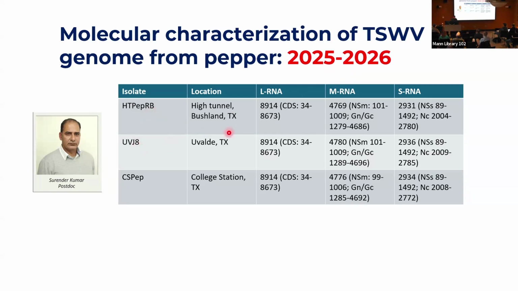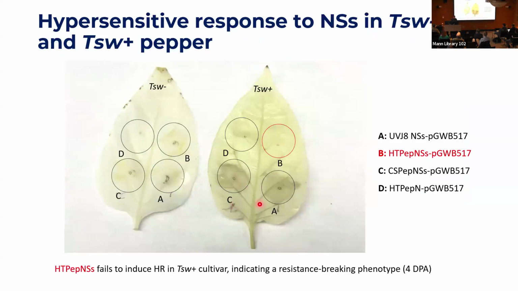The first isolate came from Bushland, Texas. This is more north, the Texas Panhandle. The Uvalde isolate came from the south of Texas, and the College Station, or CS for short, came from more central south of Texas. So geographically they represent various regions of Texas.